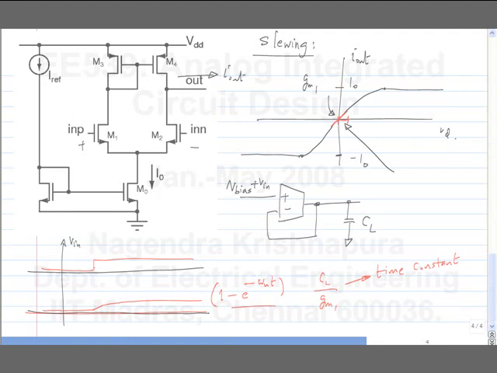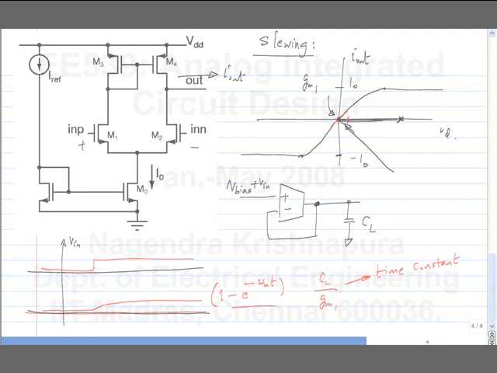Now, what happens is, if I apply a large step, initially it is at this point here, and the step input takes it to some point here. So, output voltage does not change suddenly, it cannot, because of the capacitor.